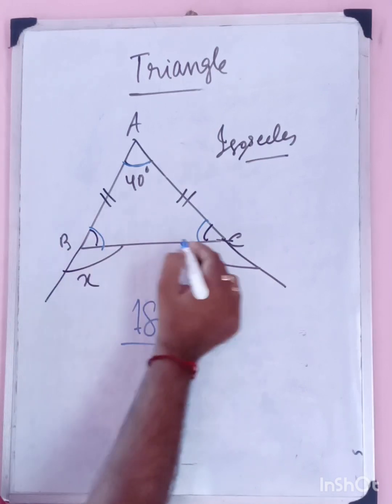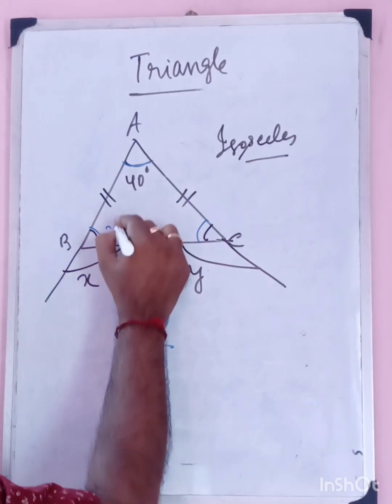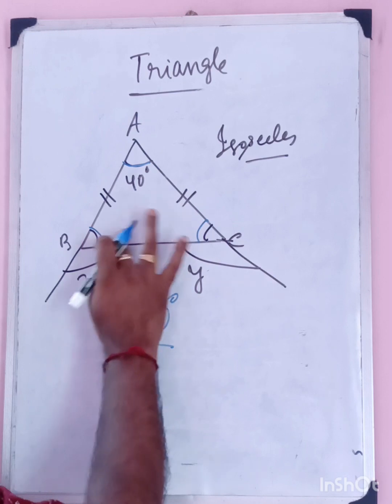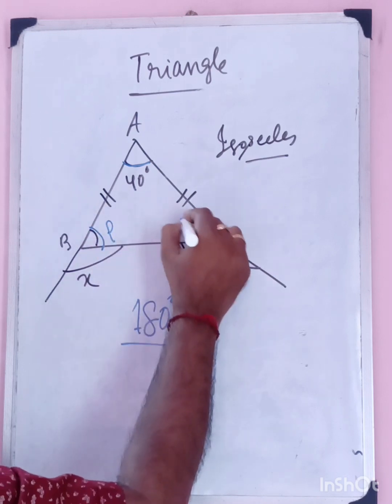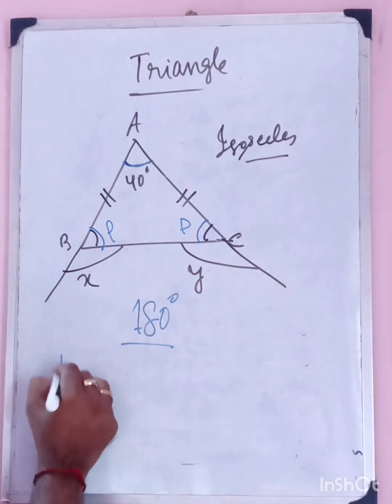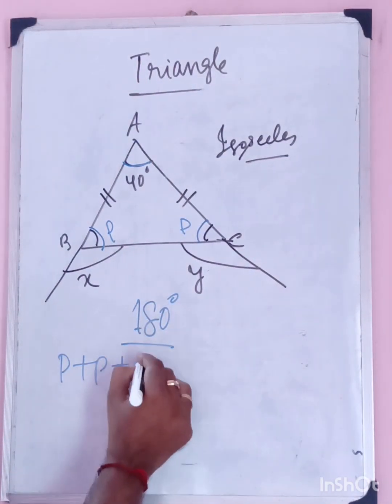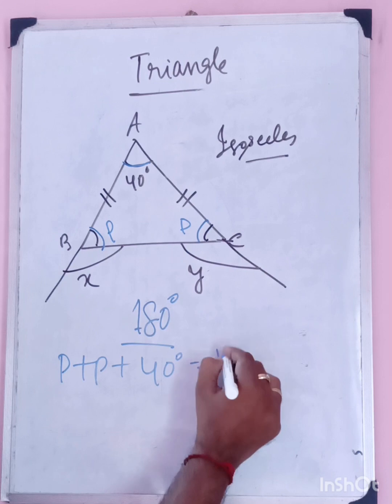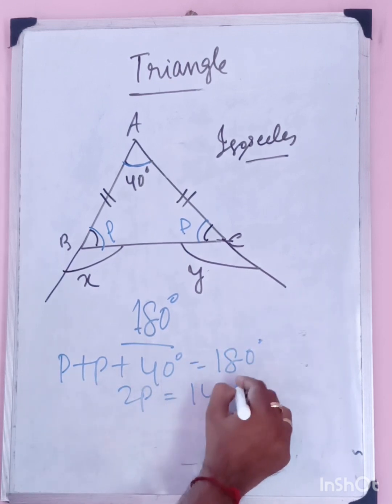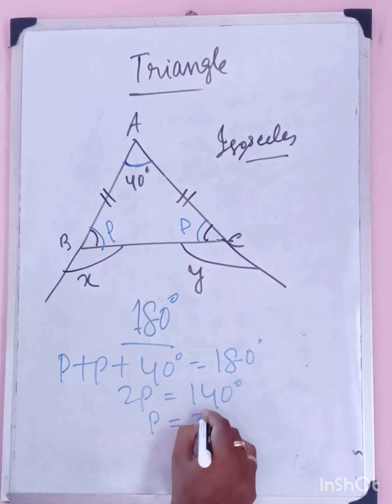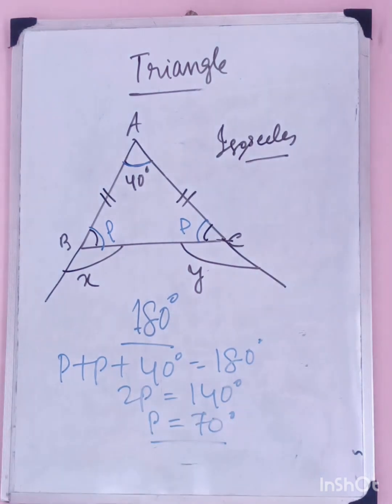So angle B and angle C, suppose this is X, you suppose write it like P and P. So P plus 40 degree equals to 180 degree. 2P equals to 140 degree. P equals to 70 degree. This is 70 degree.